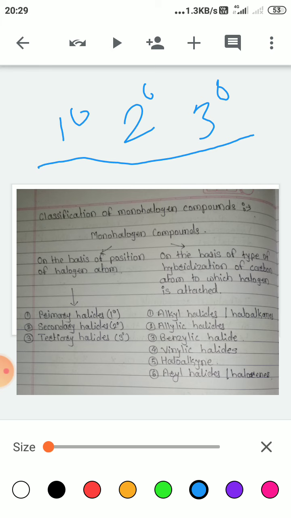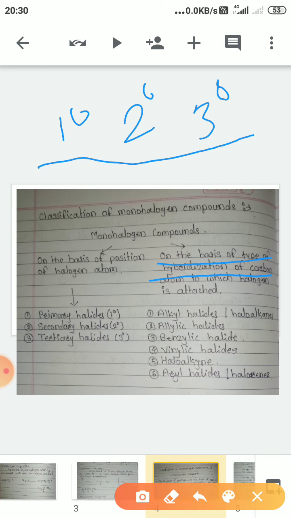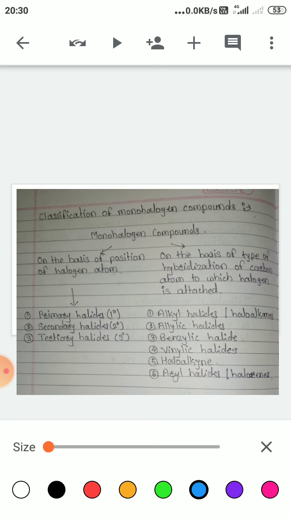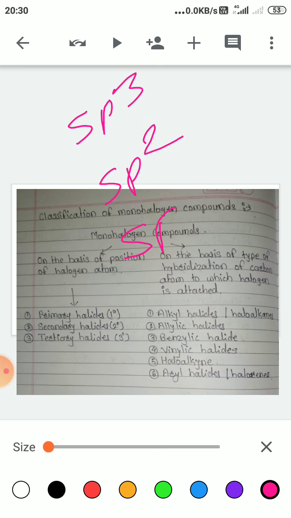And second, on the basis of the type of hybridization of the carbon atom to which the halogen atom is attached. That means if the halogen atom is attached to an sp3 hybridized carbon atom, an sp2 hybridized carbon atom, or an sp hybridized carbon atom.